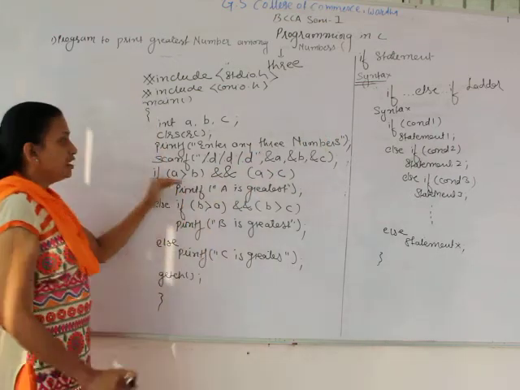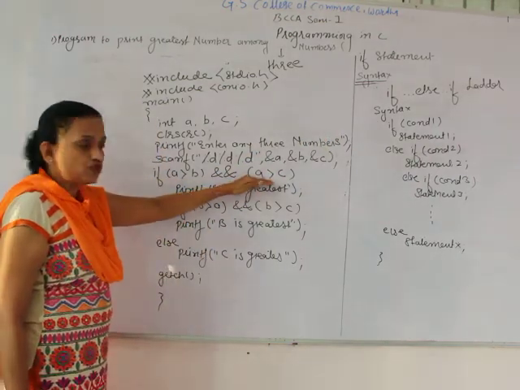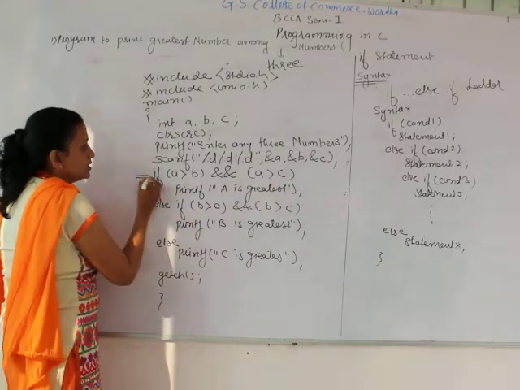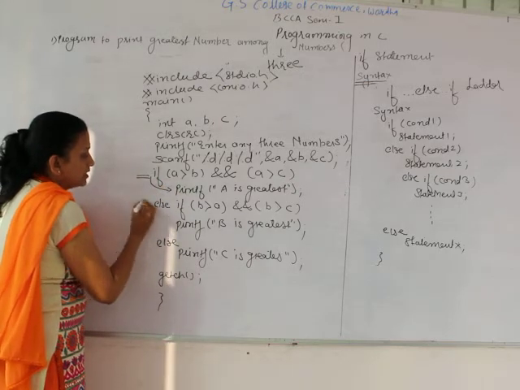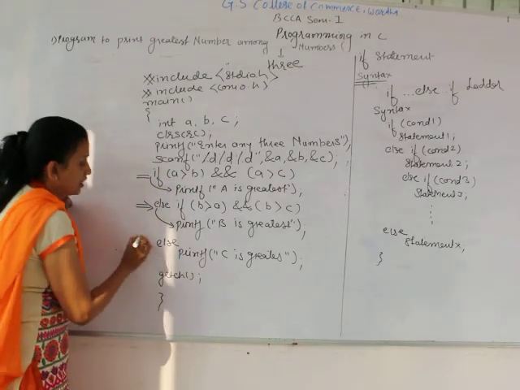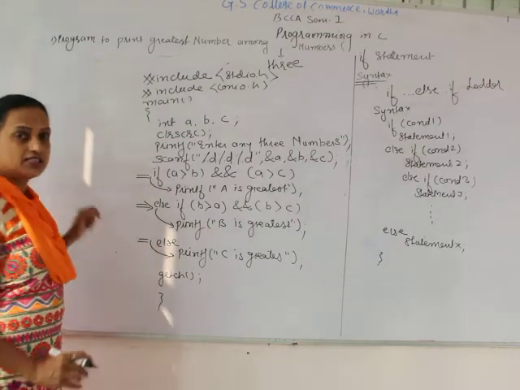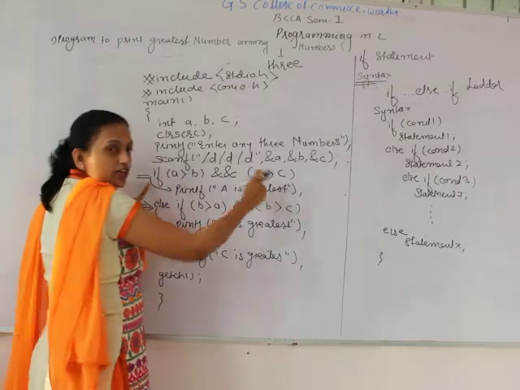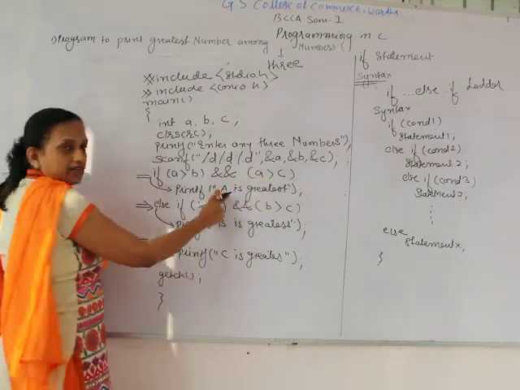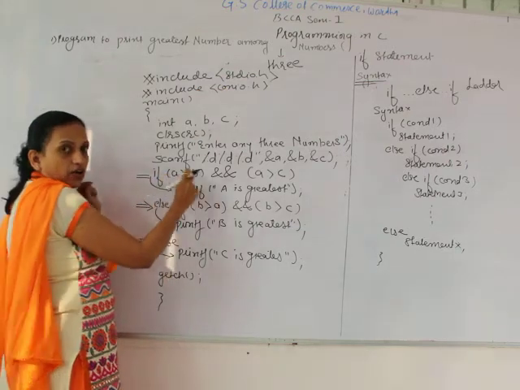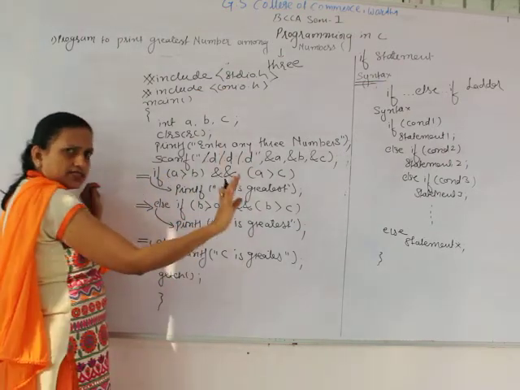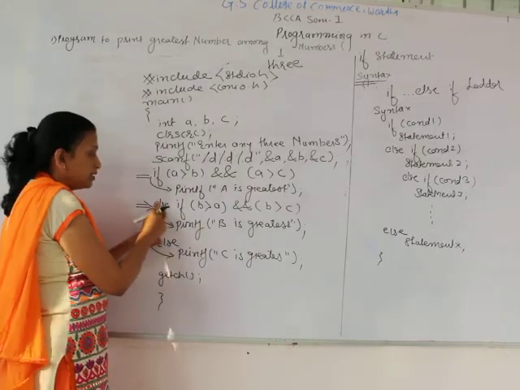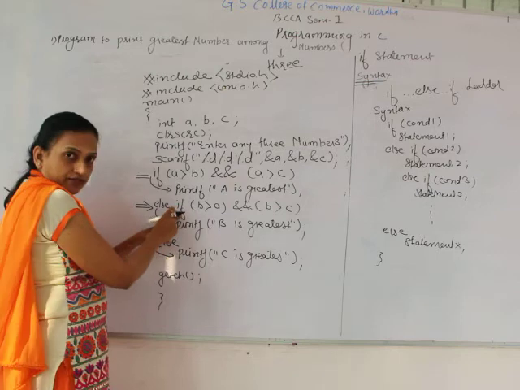Here, if both conditions are true, then the statement associated with it is executed. This statement is for this condition, and that statement is for that one. For the first if, if both conditions are true, then the statement gets executed. If one of the conditions or both conditions are false, then it transfers to the else, and the compiler again forms an if here.